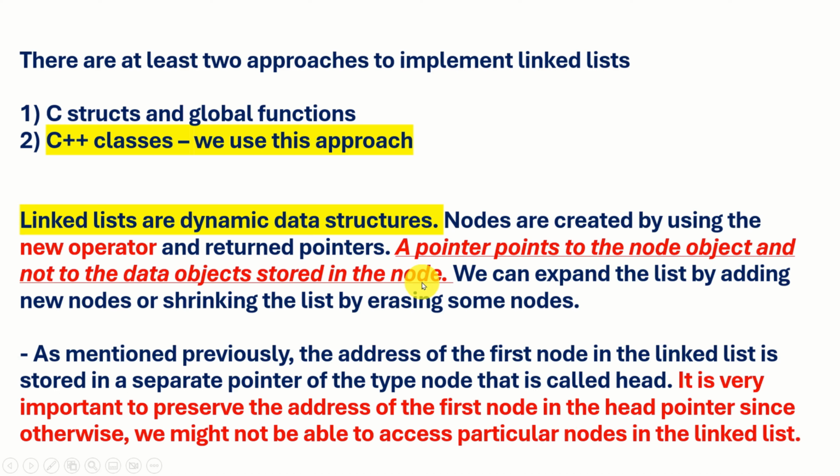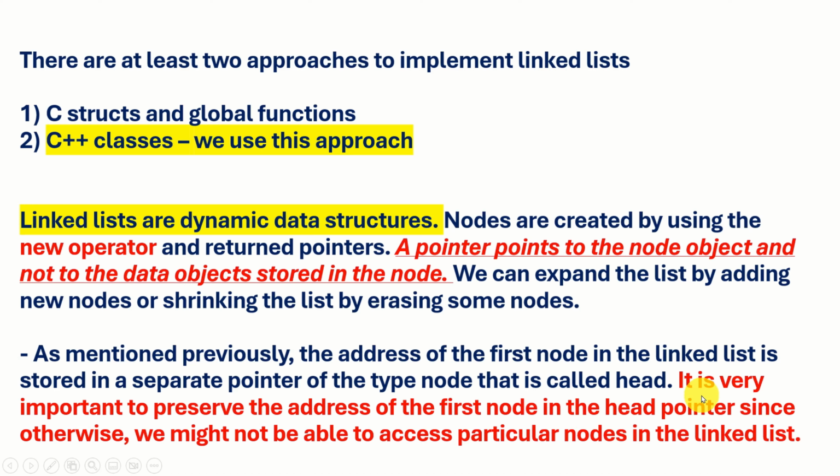We can expand the list by adding new nodes or shrink the list by erasing some nodes. And as mentioned previously, the address of the first node in the linked list is stored in a separate pointer of the type node that is called head. It's very important to preserve the address of the first node in the head pointer, since otherwise we might not be able to access particular nodes in the linked list.